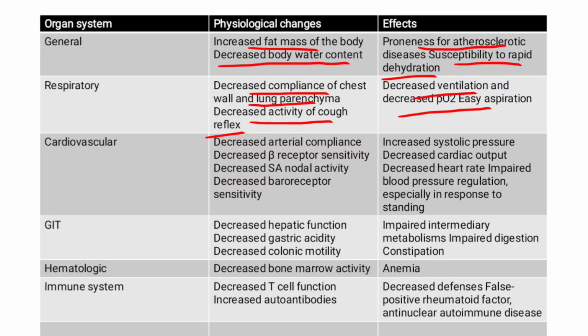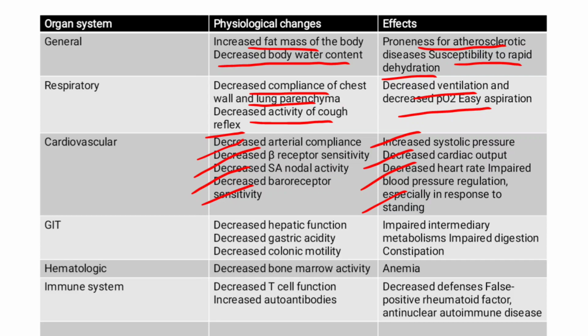Some of the cardiovascular changes that are seen are decreased arterial compliance, decreased beta receptor sensitivity, decreased SA nodal activity, and decreased baroreceptor sensitivity. So that leads to increased systolic blood pressure, decreased cardiac output, decreased heart rate, and impaired blood pressure regulation, especially in response to standing.